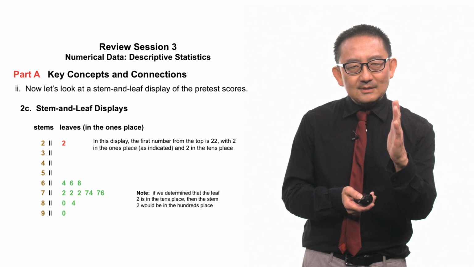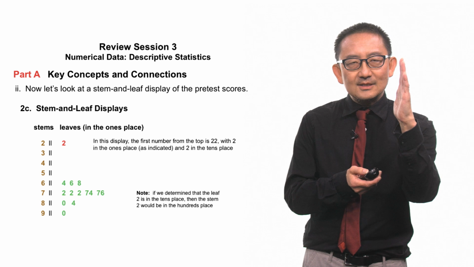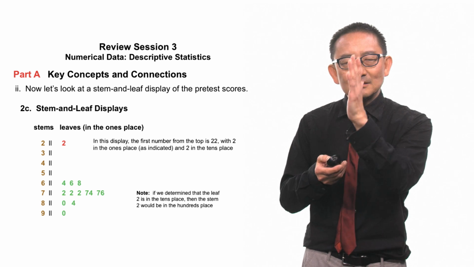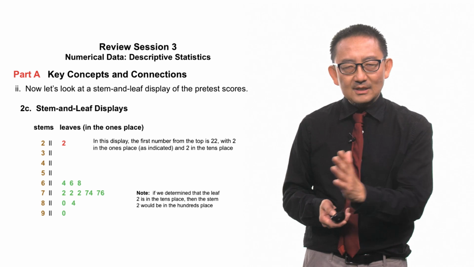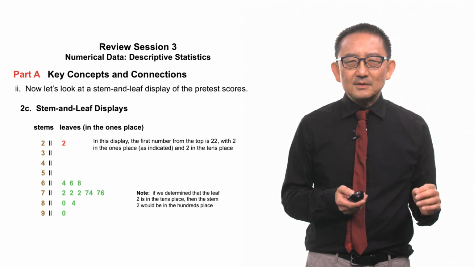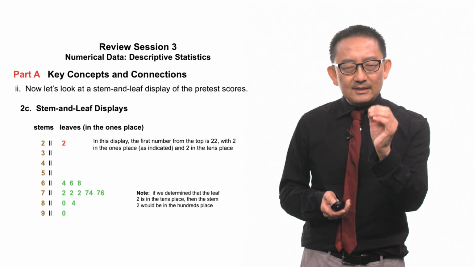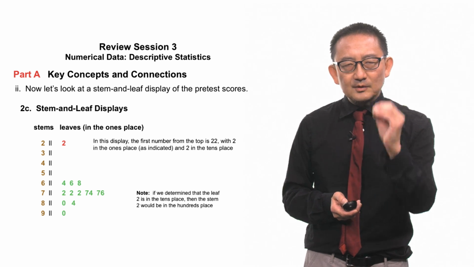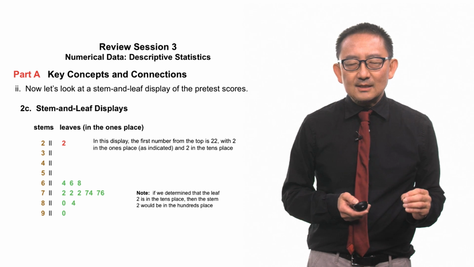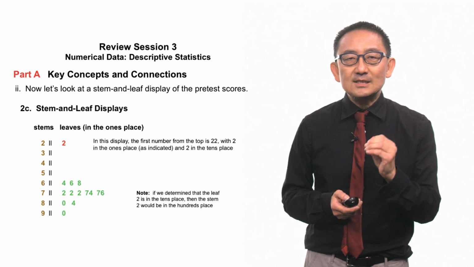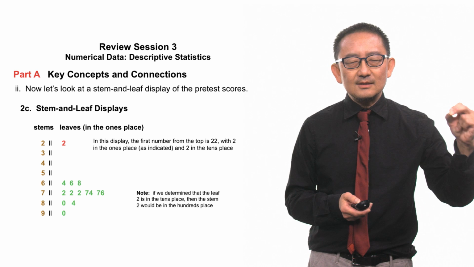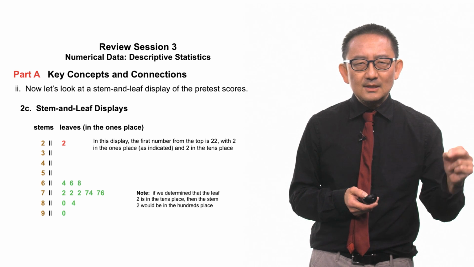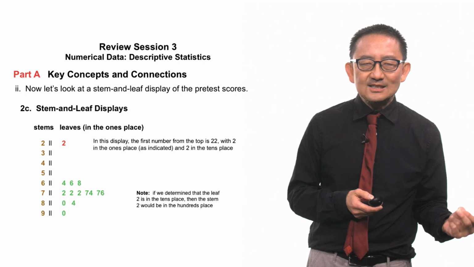Well, for a stem and leaf display, there's going to be the stem column and the leaves part of the display. Now notice how this is working. If we're looking at the 2 at the very top as a number that's in the tens place, then the stem 2 will be in the tens place and the leaf 2 in the ones place.